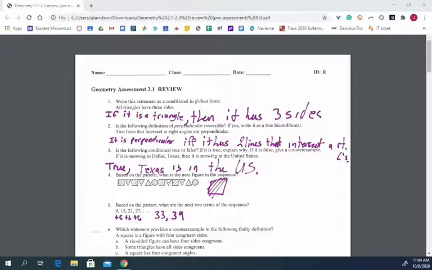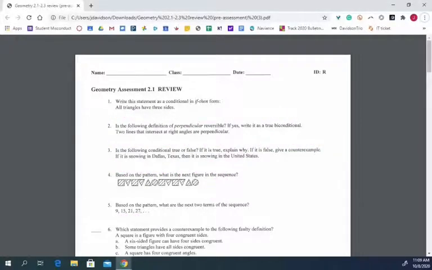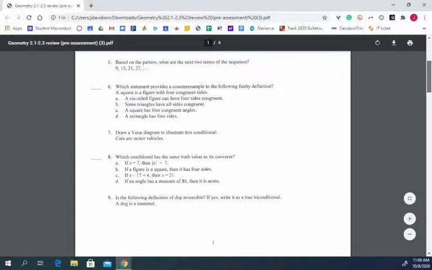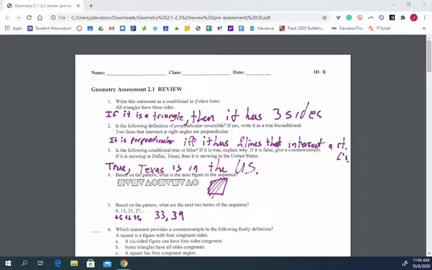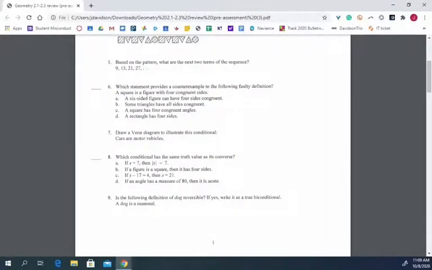Which statement provides a counterexample to the faulty definition? A square is a figure with 4 congruent sides, so one of these is a counterexample. A 6-sided figure can have 4 congruent sides.